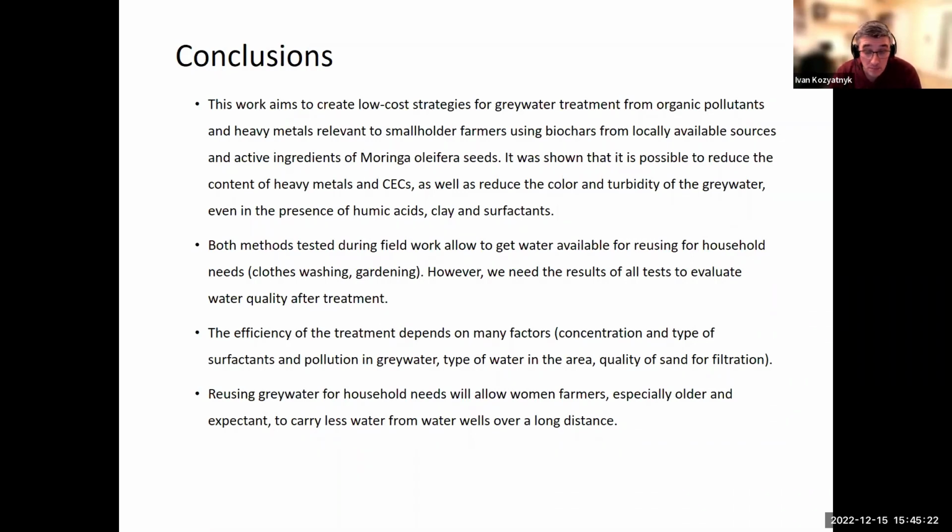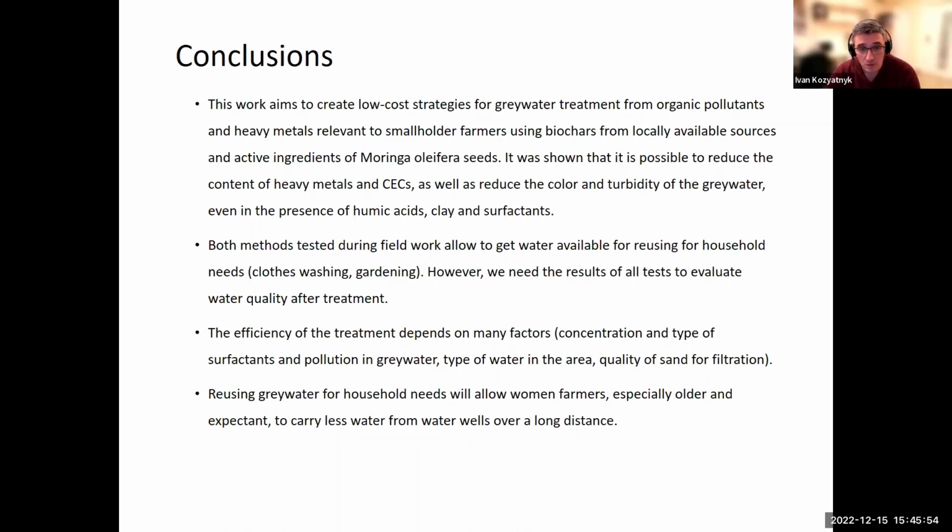So it looks like it's possible to reduce the content of heavy metals and organic pollutants, as well as reduce turbidity and color of the grey water, even in the presence of humic acid, clay, and surfactants. Both methods, batch and filtration, tested during field work, allowed us to get water usable for household needs, for washing and gardening.